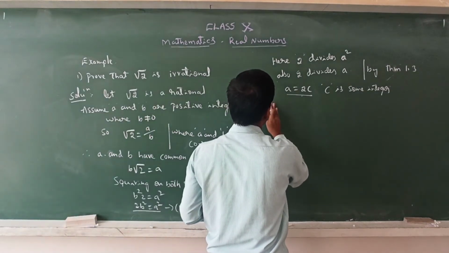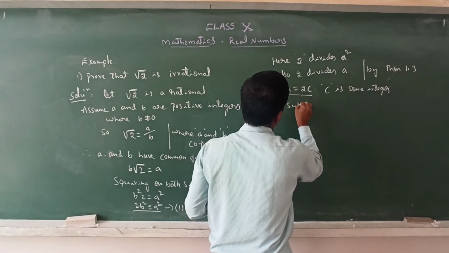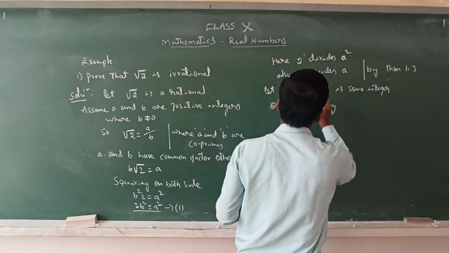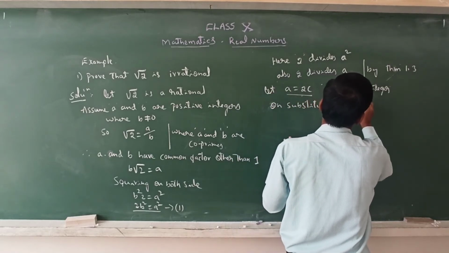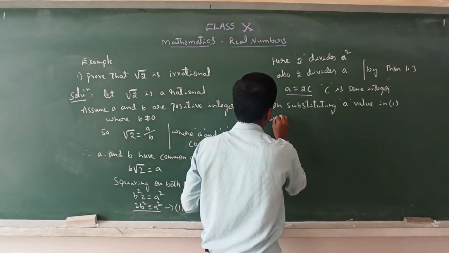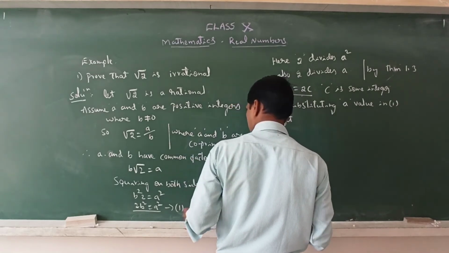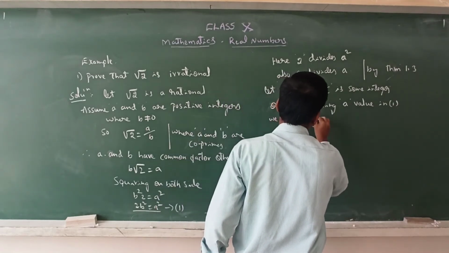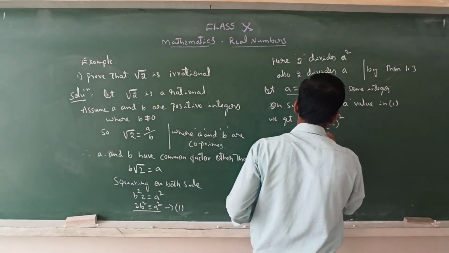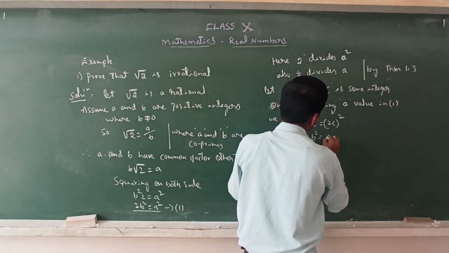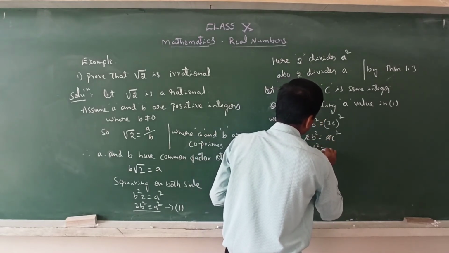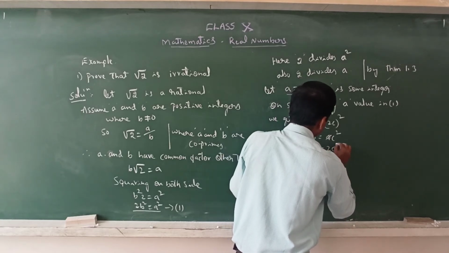On substituting a value in 1, we get 2b square is equal to 2c whole square, that is 2b square is equal to 4c square. This 2 cancels, therefore b square is equal to 2c square.